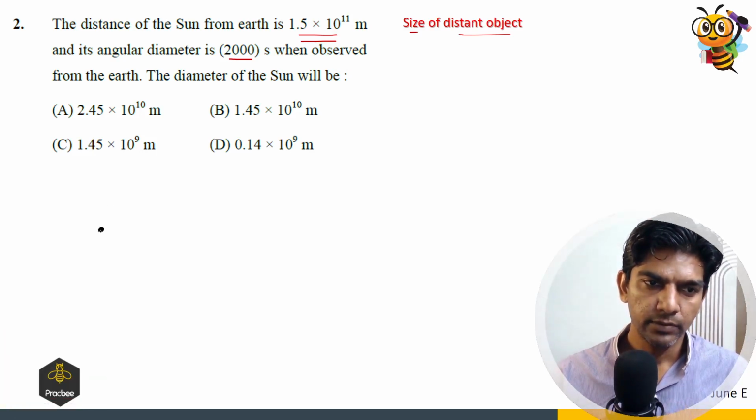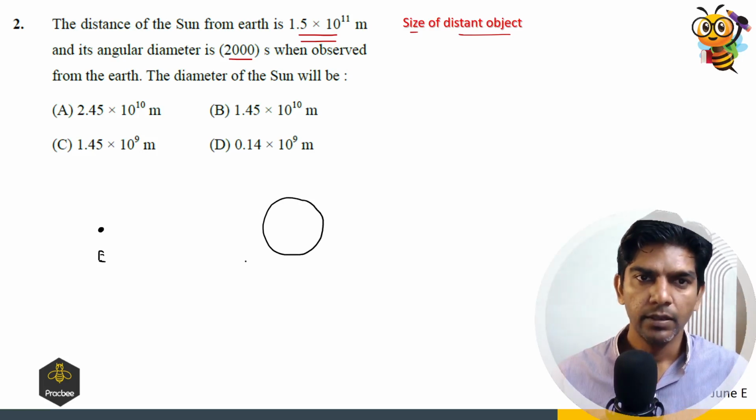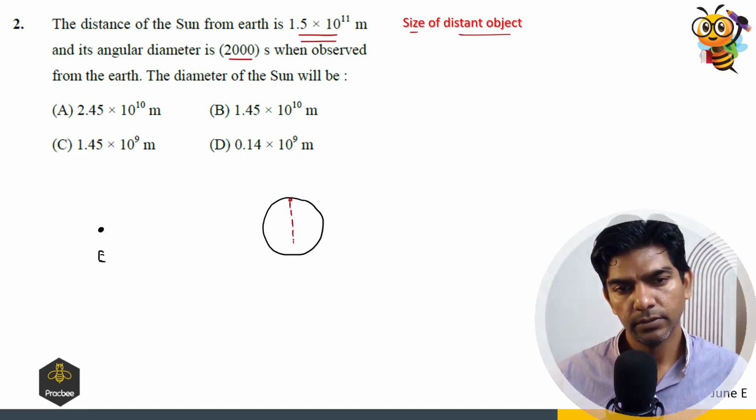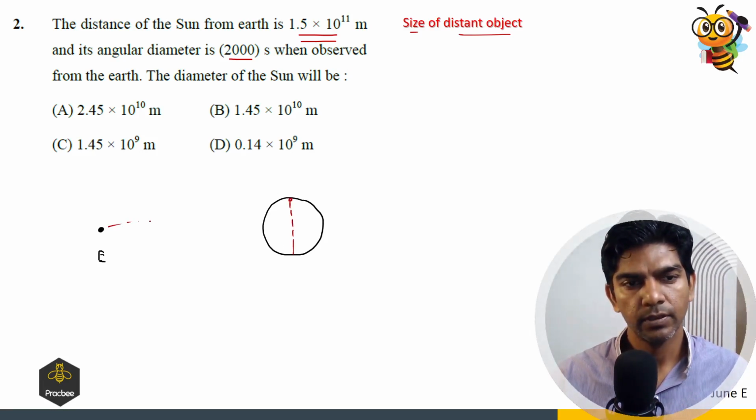Suppose this is earth and we are observing sun, and we are given angular diameter. So what does it mean? That the sun's diameter subtends an angle of 2000 arc seconds.